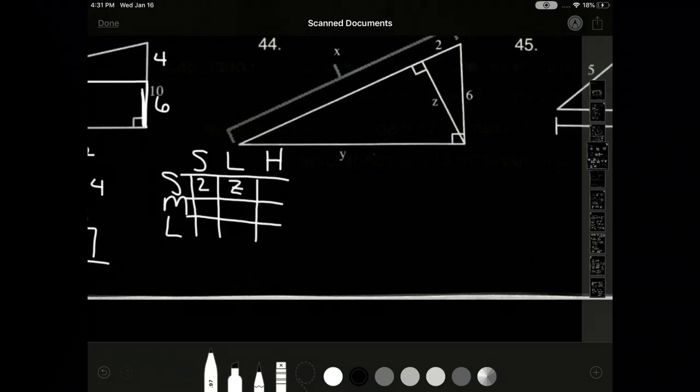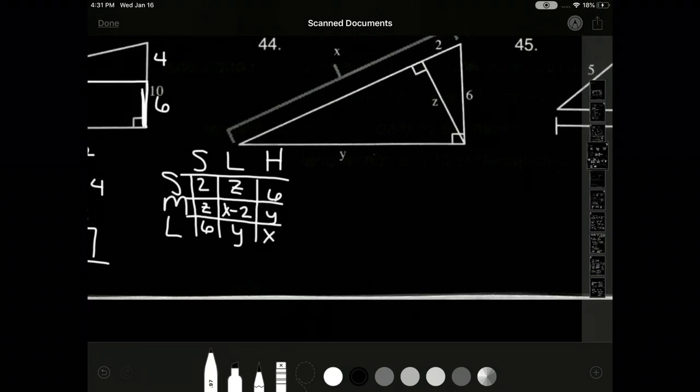And hypotenuse is 6. Short side of the medium triangle is z. Long side is going to be x minus 2. And then the hypotenuse is y. And then our short side for our large triangle is 6. Our long side is y. And our hypotenuse is x.